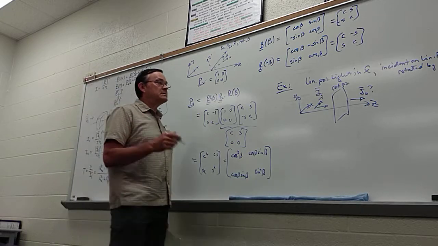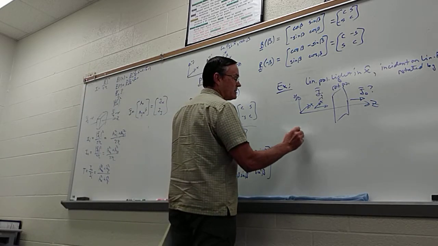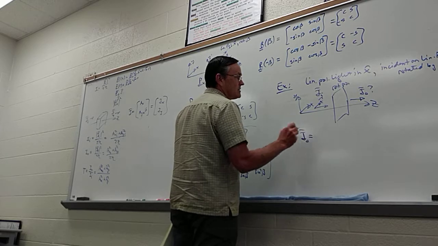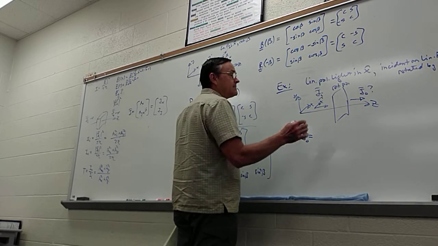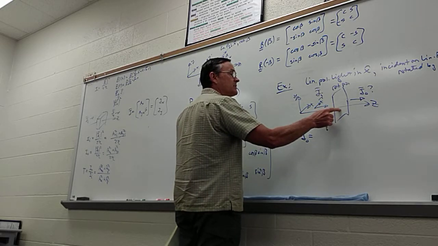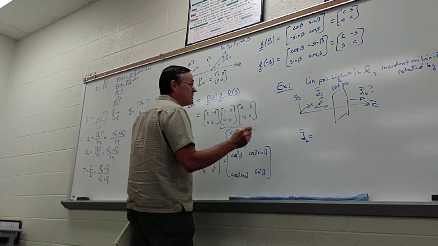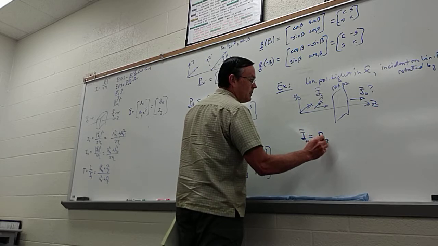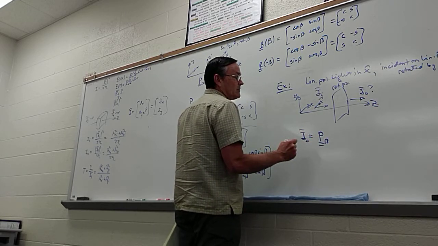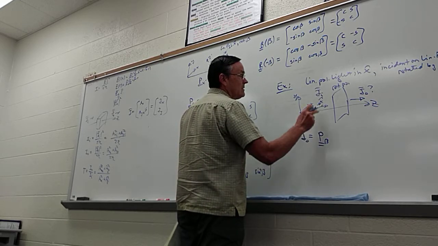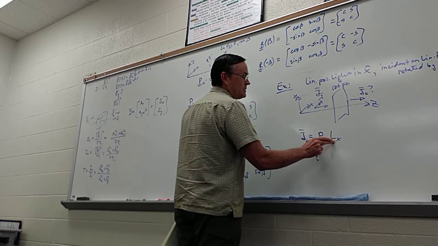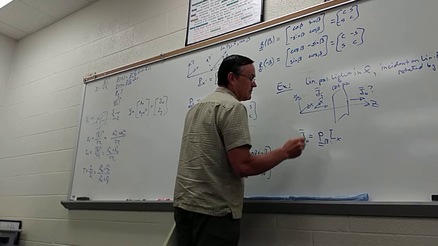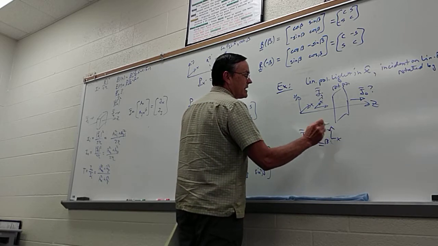And so we can easily write down how to calculate it. The output polarization state is just going to be the Jones matrix for this rotated polarizer, which we called P beta, and then the matrix for the input polarization state, which I think we called L x hat.